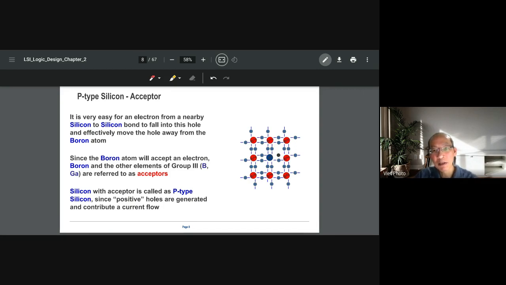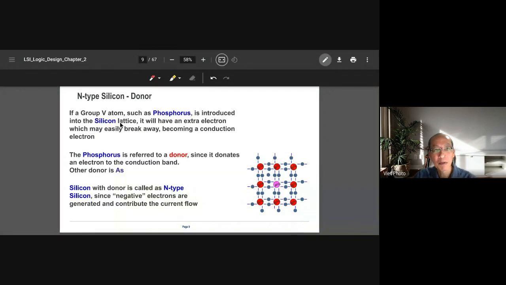But when you introduce something like boron, right? No, actually this one is phosphorus. When we introduce phosphorus, there will be 5 electrons around the phosphorus atom, so there will be 1 extra.